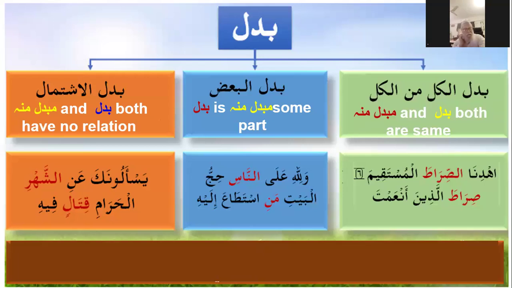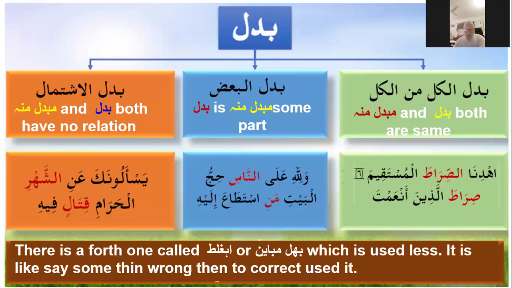So badal is of three types: badle kul min kul, badle baz, badle ishtimal. There is a fourth one called badle aghlat or badle mubayin, which is used less. It is used when you say something wrong and then correct it. First you say something, then you feel it's wrong, then you repeat with the correct one. Just like "Ja'a Hamidun Khalidun". Actually, you wanted to say Khalid came, but from your mouth came Hamid.